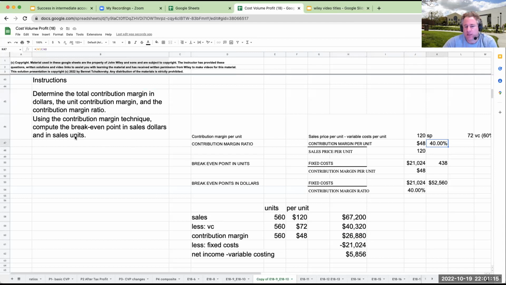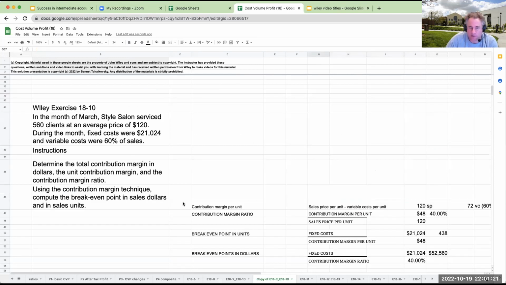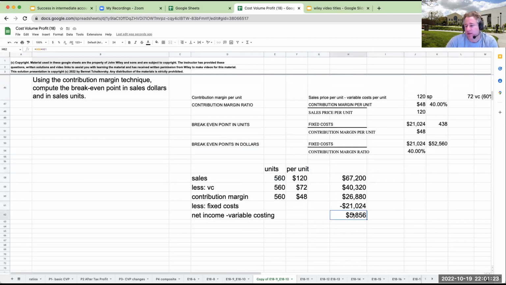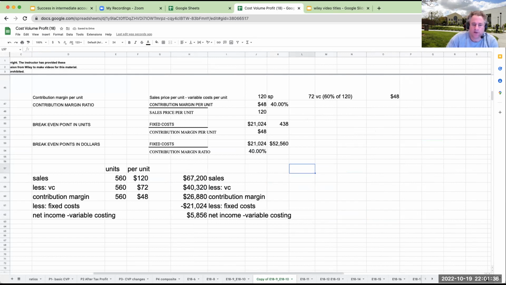Now, compute the break-even point in sales dollars and in sales units. Well, if this is what I initially sold, I'm making a profit. So I know that the units I'm going to be selling for break-even are actually going to be less. We said that this is going to be 438.